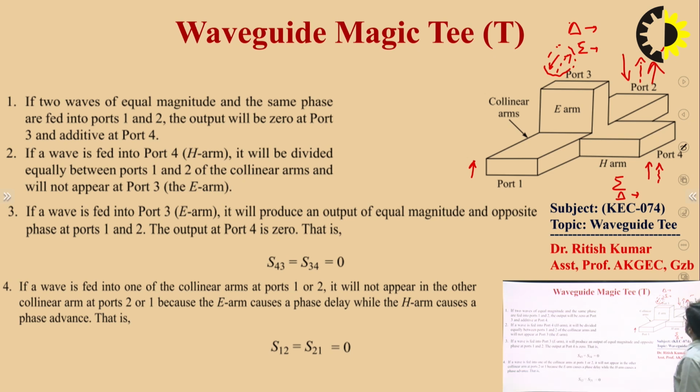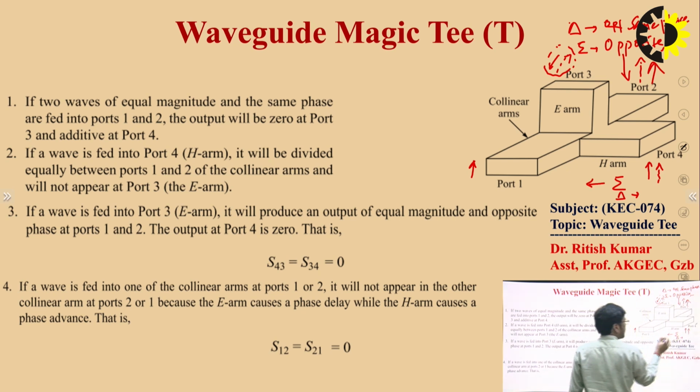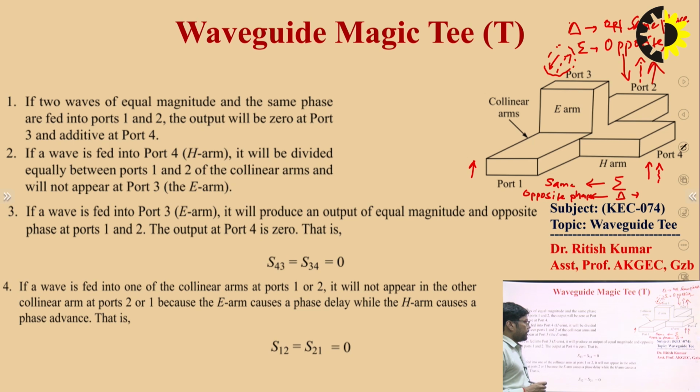So delta means the subtractor port when you apply the input in the same phase, and adder in the opposite phase, and for the other port, when you apply the input in the same phase and opposite phase, it is the reverse.